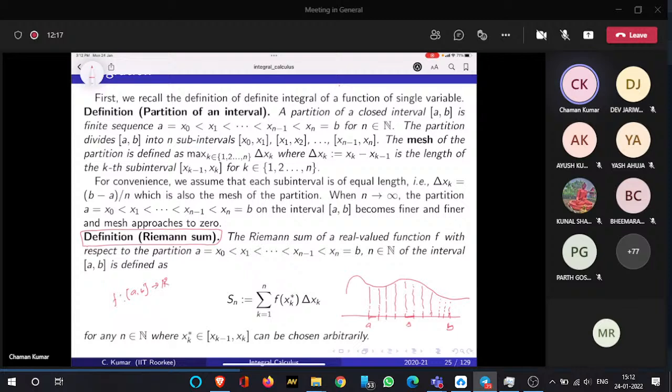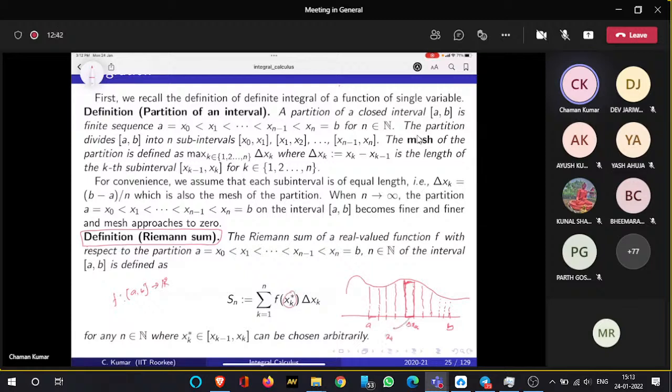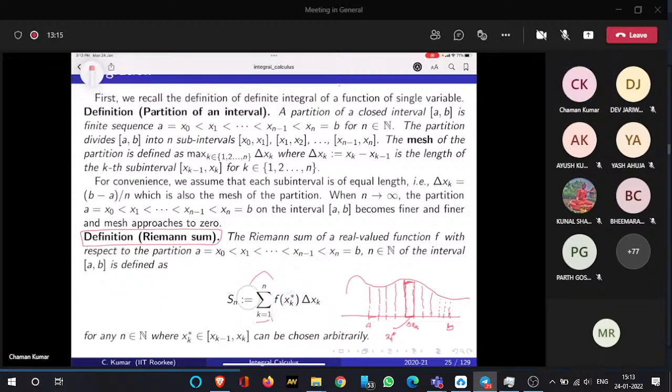You pick one point xk star in this subinterval and evaluate the value of this function at the point xk star, which gives you f(xk star), and multiply this by the length of the interval, which is delta xk, and sum this over all the subintervals, k varying from 1 to n. Okay, this is known as Riemann sum.